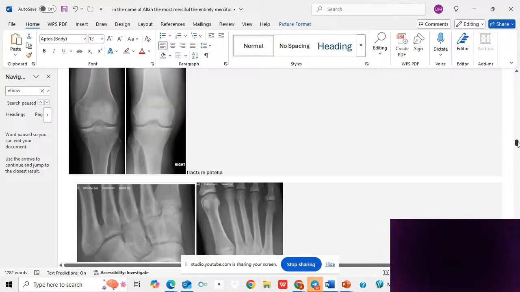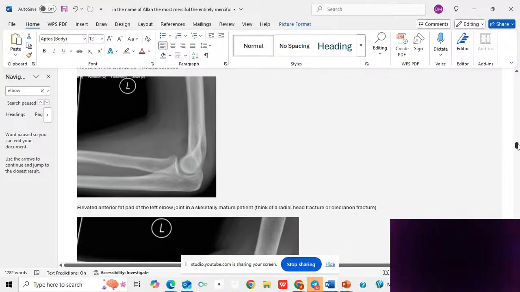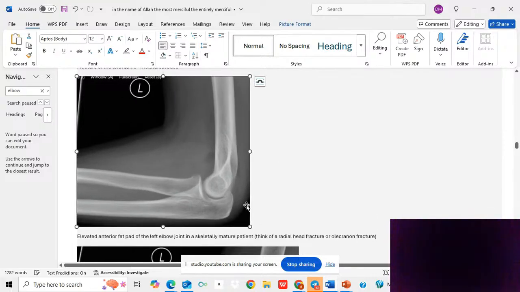Okay, so let's start the first case. This is the anterior fat pad at the elbow joint. I'm talking about the elbow joint here, not here or here.